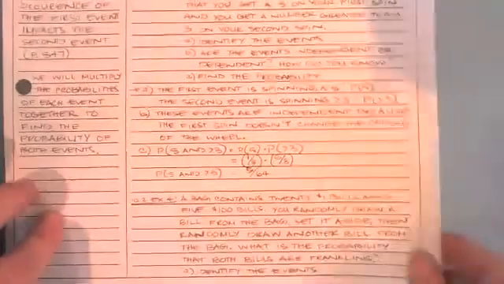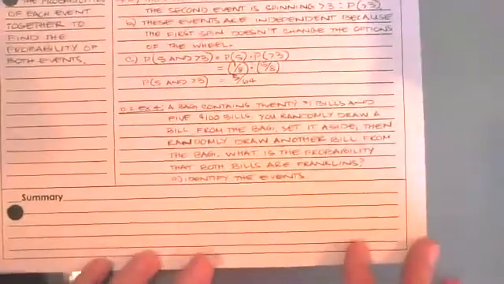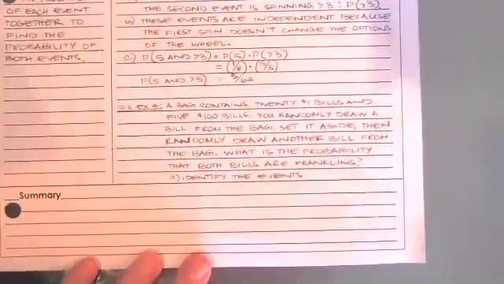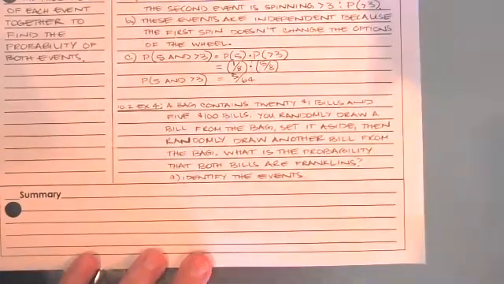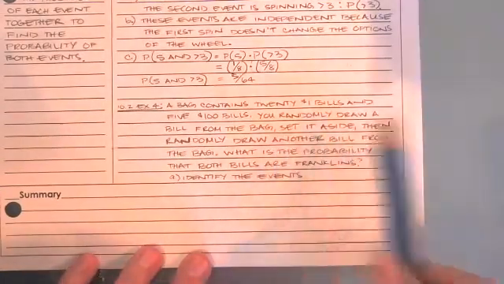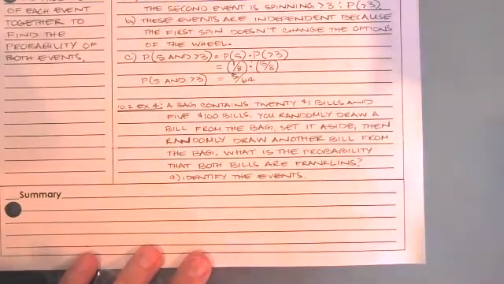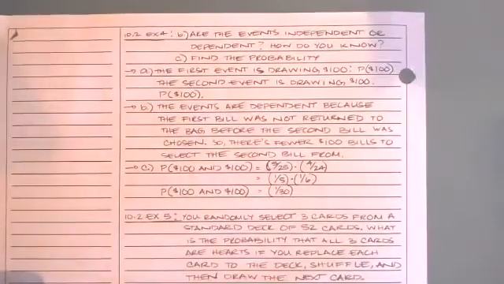All right. So 10.2 example 4 says a bag contains 20 $1 bills and 5 $100 bills, and you randomly draw a bill from the bag, set it aside, so that's important, then randomly draw another bill from the bag. What is the probability that both bills are $100? So again, we'll identify the events, we will determine if they're independent or dependent and justify our reasoning, and then we'll find the probability.